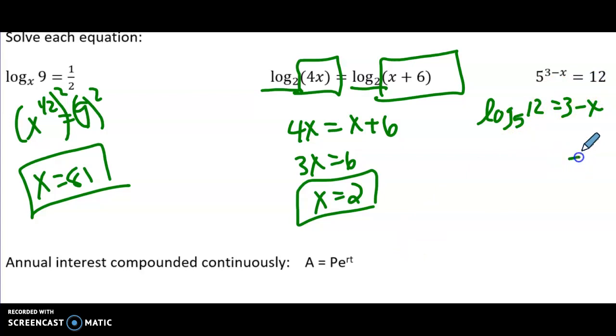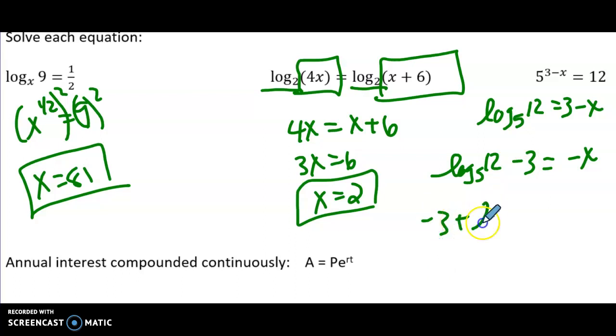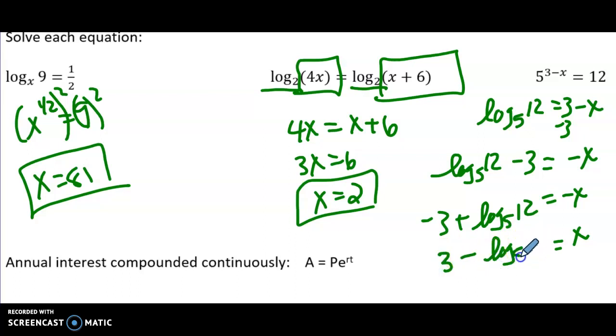So then negative x equals log base 5 of 12 minus 3. Sometimes I write that as negative 3 plus the log base 5 of 12. I subtracted 3 from both sides, and I don't want people to think you can take 12 minus 3 there. Divide everything by a negative 1, and we'll get 3 minus log base 5 of 12.